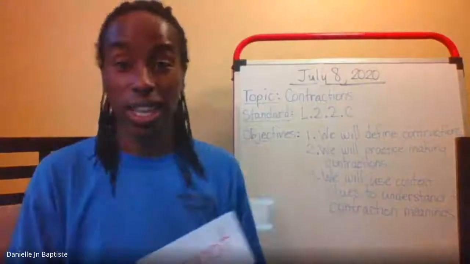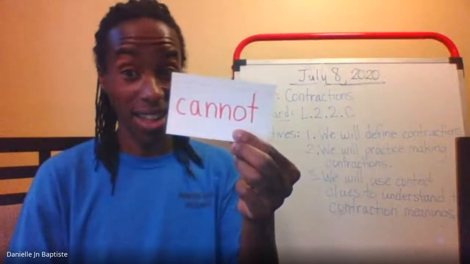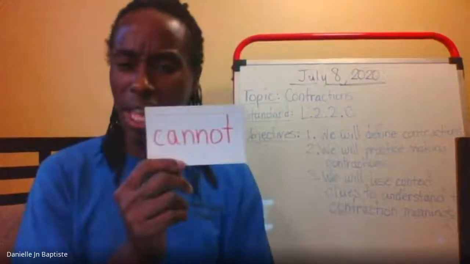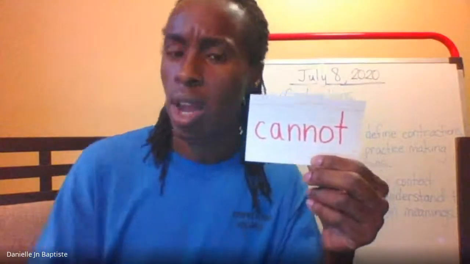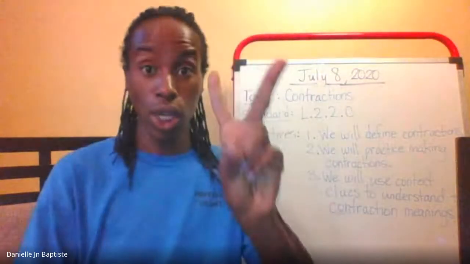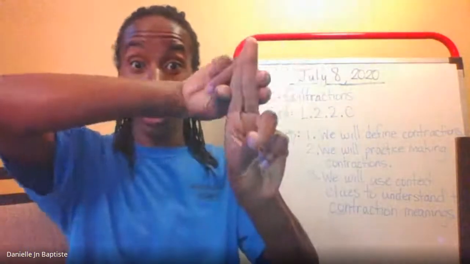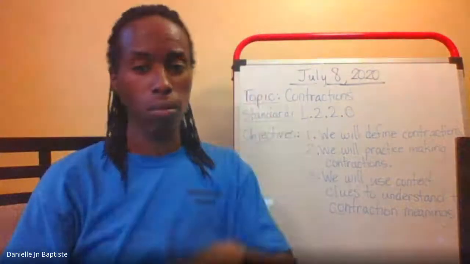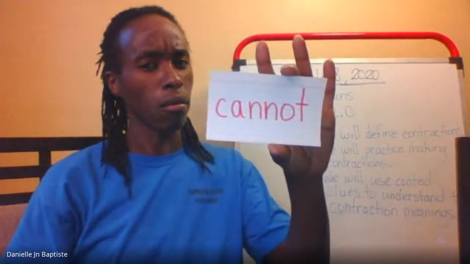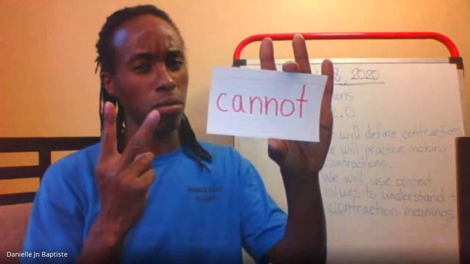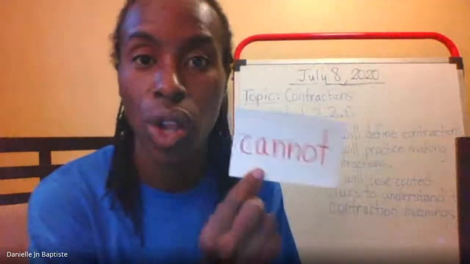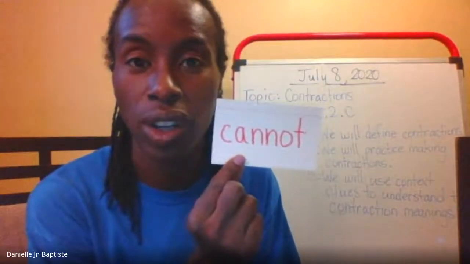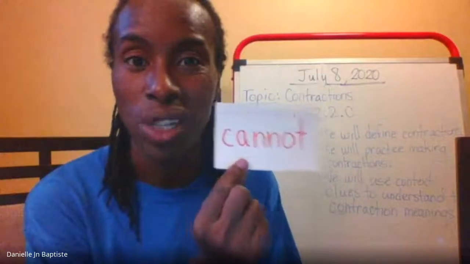How about cannot? To make cannot into a contraction, you notice it has two Ns. And let's talk about something with this. Remember, we said that a contraction is two words put together to make one. Do these look like two words to you? This is the special word that we are going to make into a contraction.